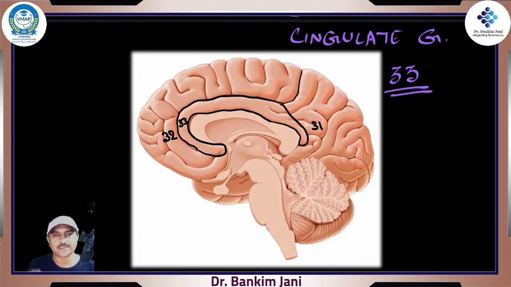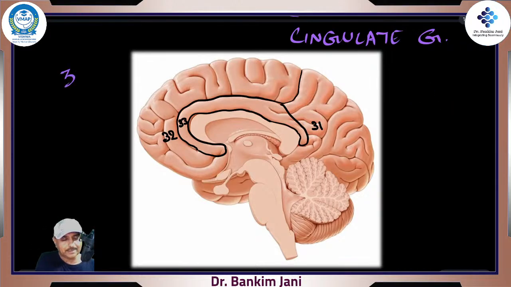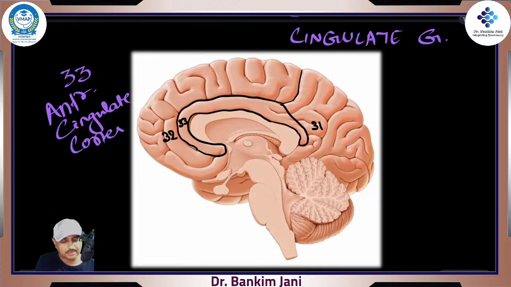This 33 is anterior cingulate cortex. Let's write it here: anterior cingulate cortex. So 32 was dorsal anterior, 31 was dorsal posterior.